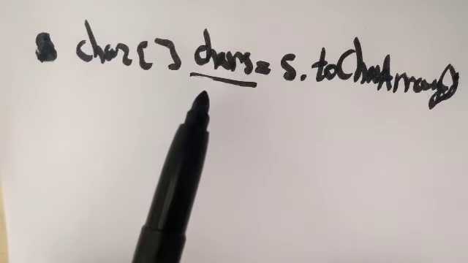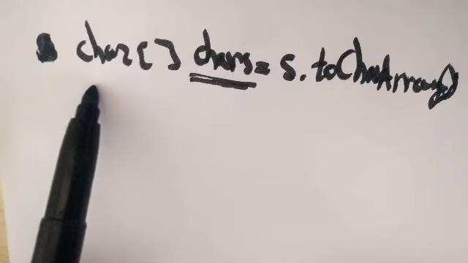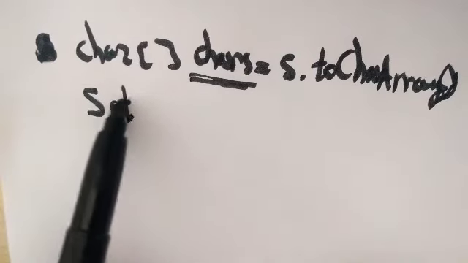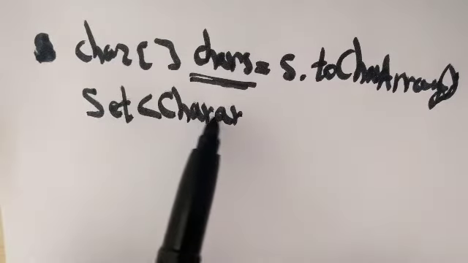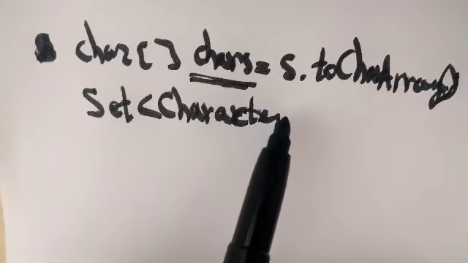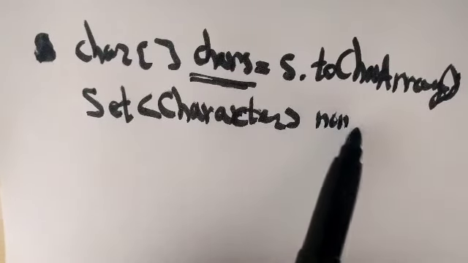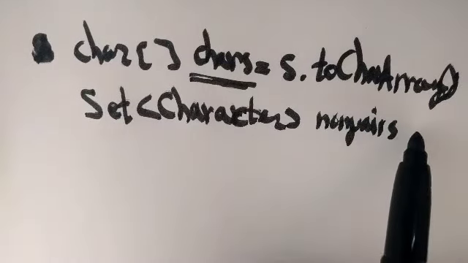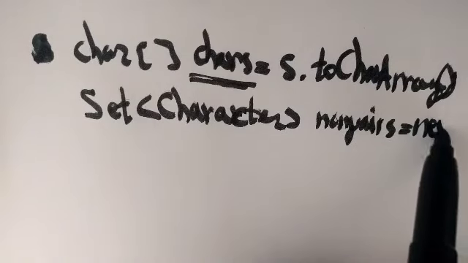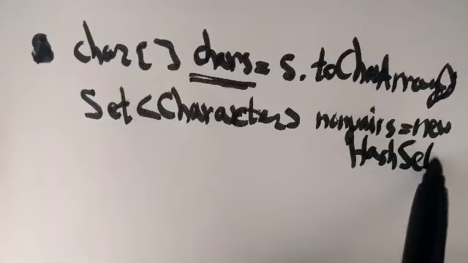Okay, now that we have the char array, let's traverse it and fill in our set, but let's first define our set of pairs. So it's Set of Character, nonPairedChars, which is new HashSet.